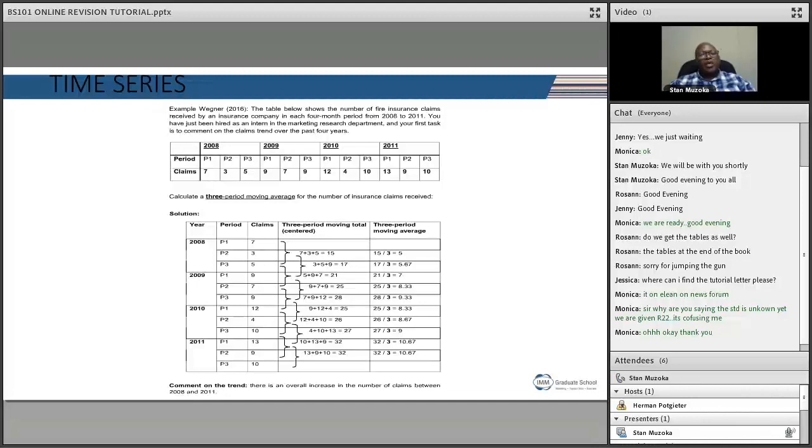Second quarter, 3. Third quarter, 5. In 2009, first quarter, 9, 7, and 9, and so on. The most important thing in this question is to be able to arrange that data into a format that will allow you to calculate the 3-period moving average.